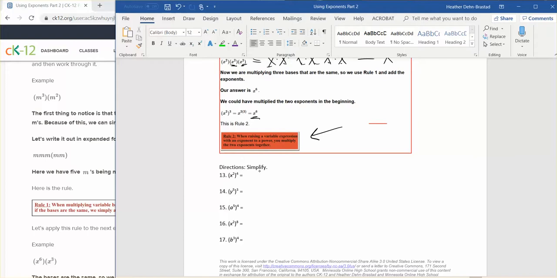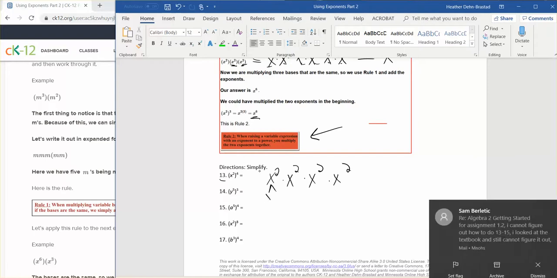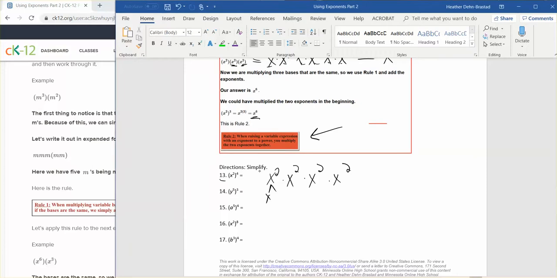So let's do number 13. In expanded form, x to the 2nd to the 4th power means x to the 2nd times x to the 2nd times x to the 2nd times x to the 2nd. And I could rewrite that in expanded form as x times x times x times x times x times x times x times x.